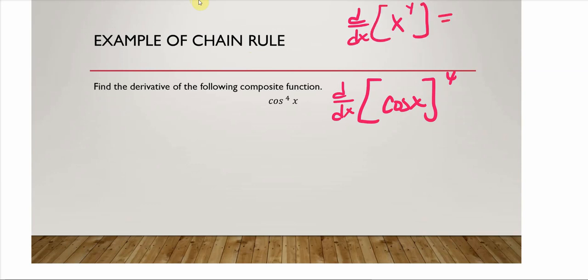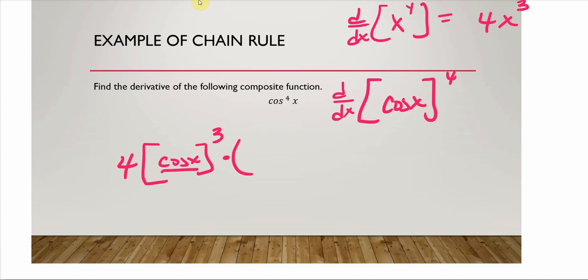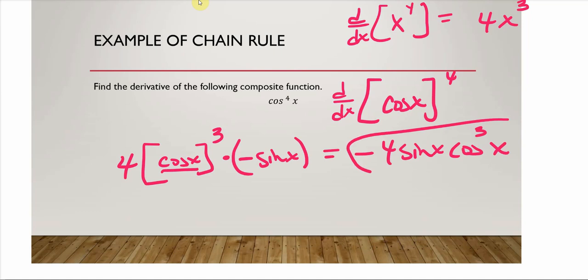The derivative of x to the fourth is going to be 4x cubed. So in this case, I'm going to end up with 4 bracket cosine of x cubed times the derivative of cosine, which is negative sine of x. And that one is going to be written as negative 4 sine of x cosine cubed of x. And this is my answer. Okay?